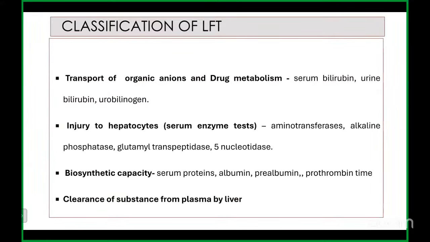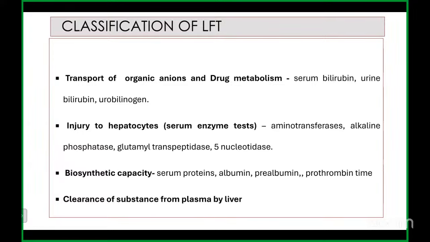And then we divide the LFTs also based on this. If there is a transport problem, if there is a problem of transport of organic anions and drug metabolism, then we usually look for serum bilirubin, urine bilirubin, and urobilinogen.